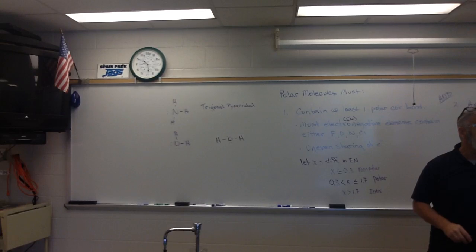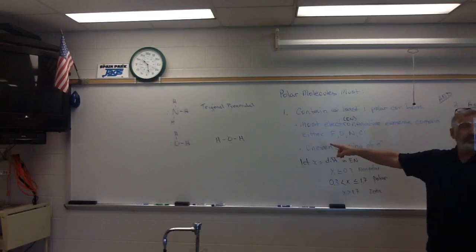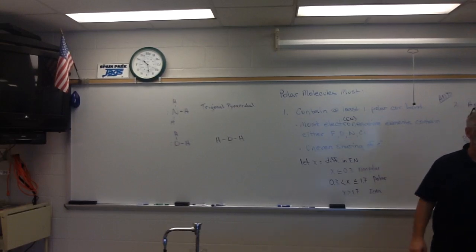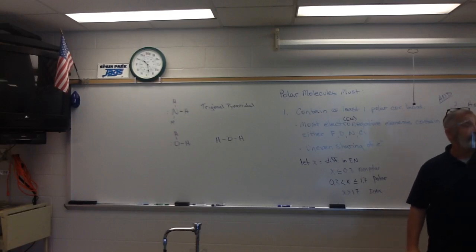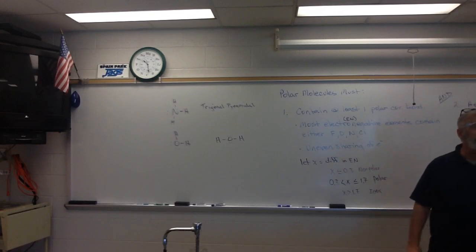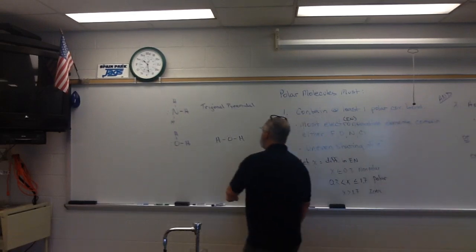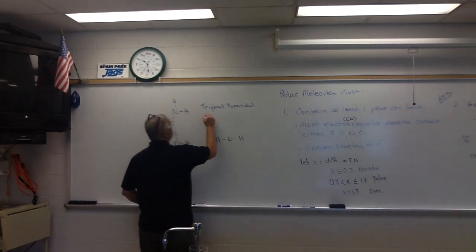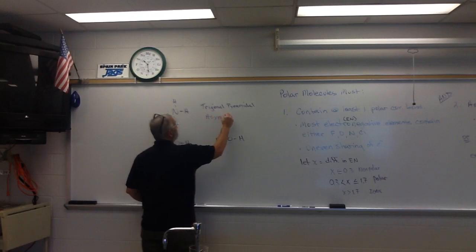Okay? You're drawing something in 2 dimensions that actually exists in 3. So as a result, we have to just always trust our AX formula, not what the Lewis dot structure looks like for the shape. Okay? Now, so this is asymmetrical and polar.